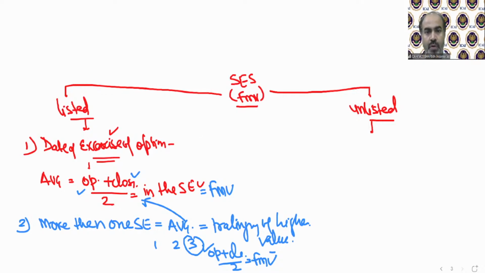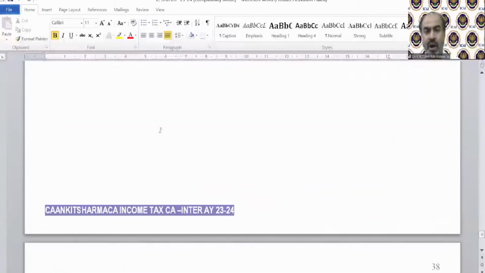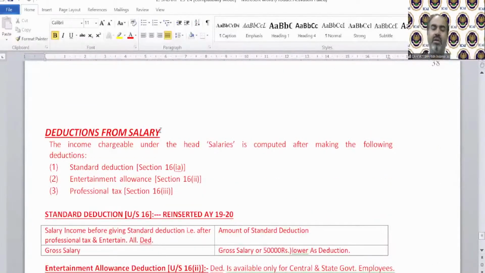Moving on to notes. This is the whole provision regarding it. Now, we have completed all perquisites, allowances, basic salary concepts, etc. Then we now come to the gross salary part.